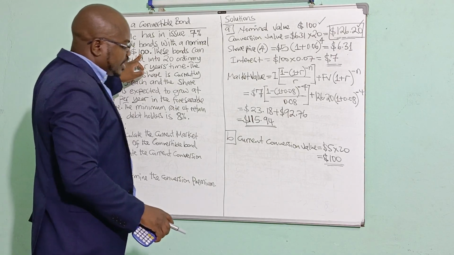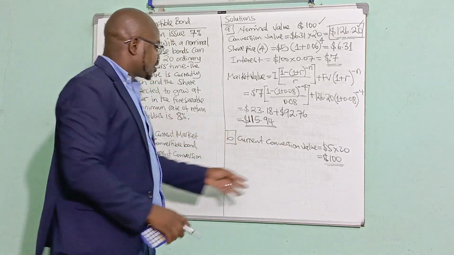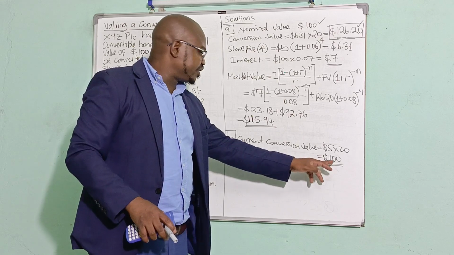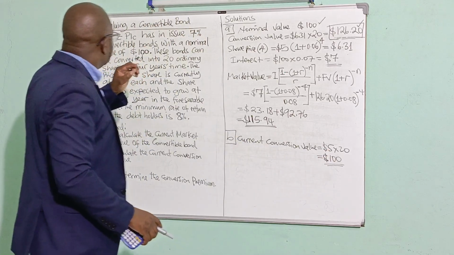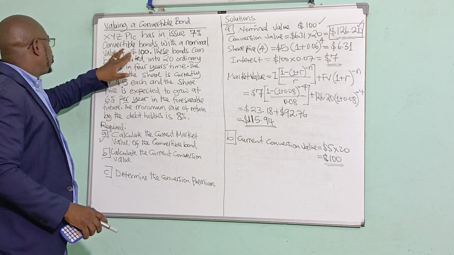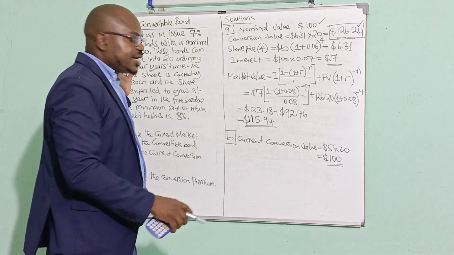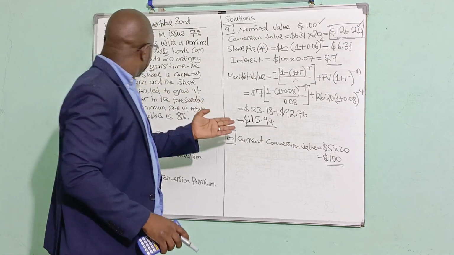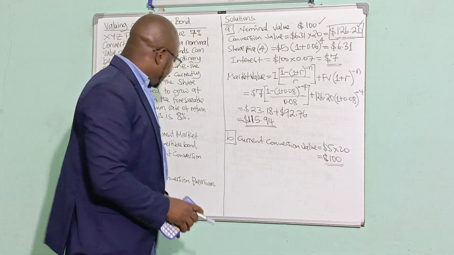You can imagine if the share price currently was 6, the current conversion value would have been 120. So some people might say maybe Coach Michael just got the nominal value, and the nominal value is just accidental. The nominal value is not the conversion value. All right, I've made that clarity.